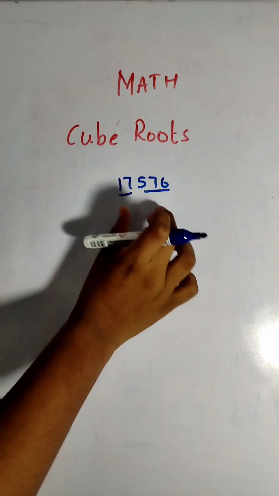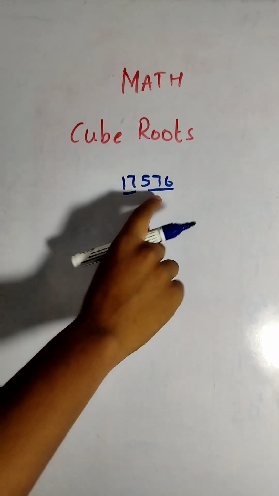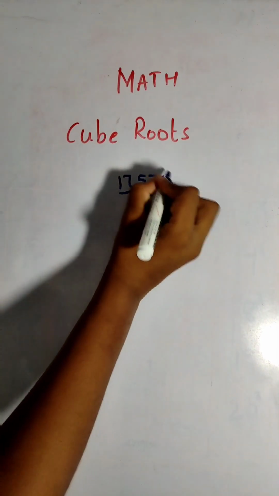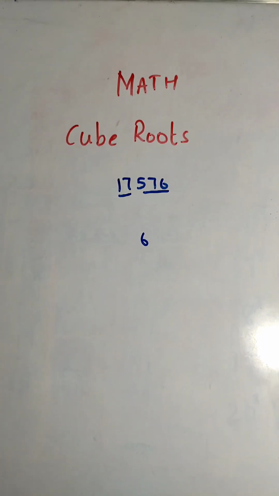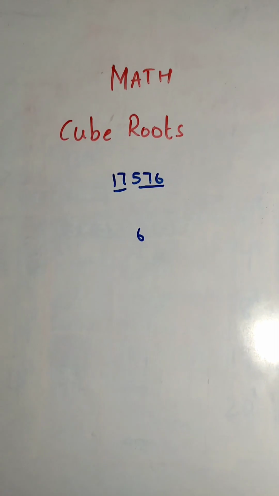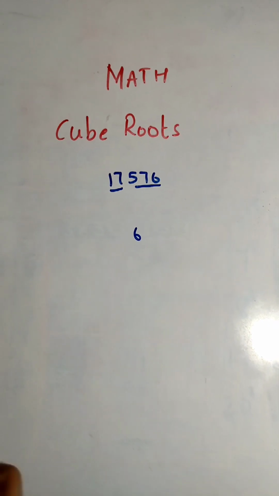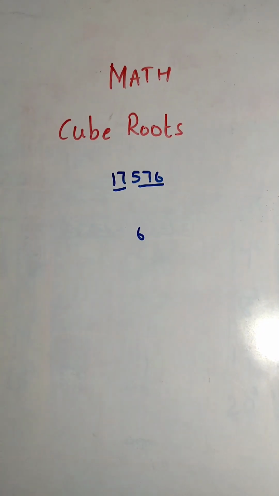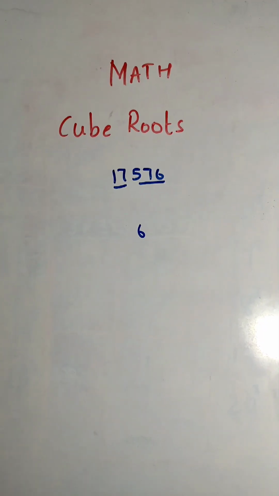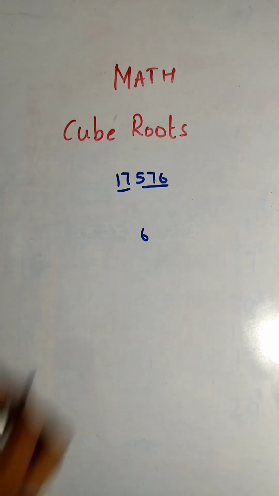Next, for the group 576 in this case, take the last digit and bring it down directly into your answer. For the second group, we have to do a little bit of work. The easiest way is to note that 17 must lie between two whole cubes.